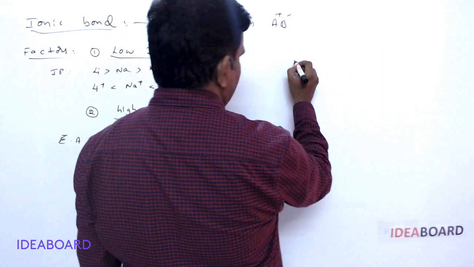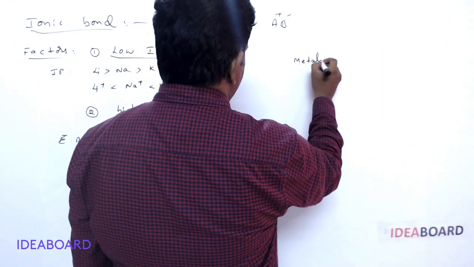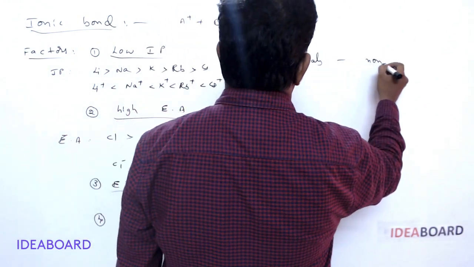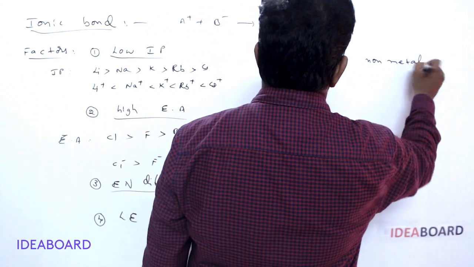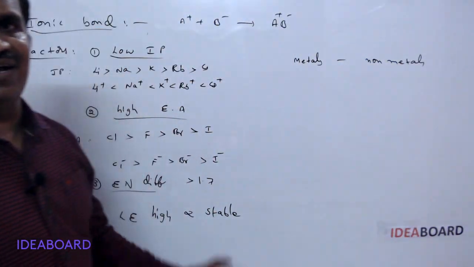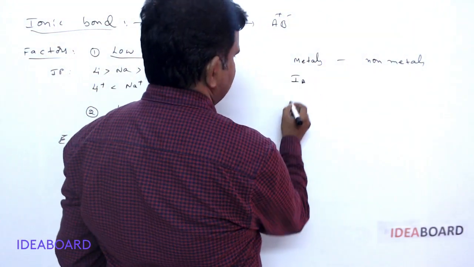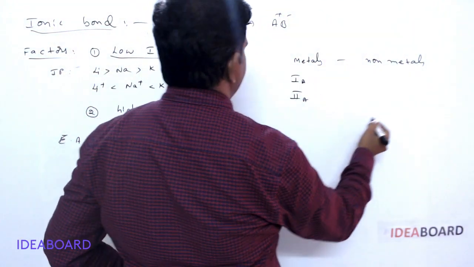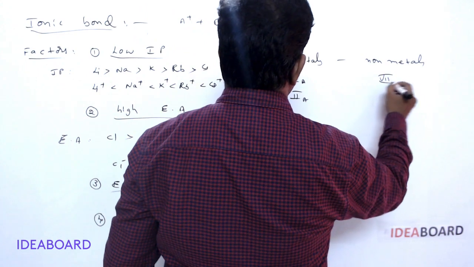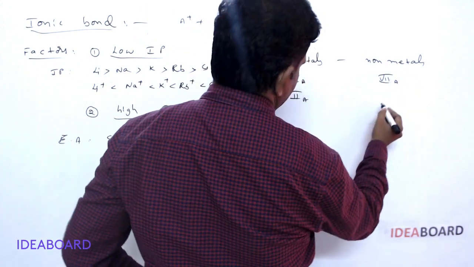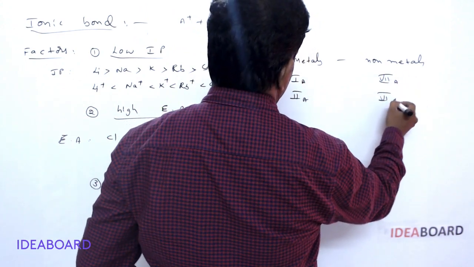Generally, ionic bond formation occurs between metals and non-metals. Metals means it may be first A group or second A group elements. Non-metals means generally seventh A group halogens or sixth A group chalcogens.